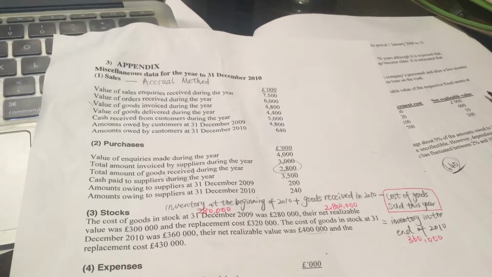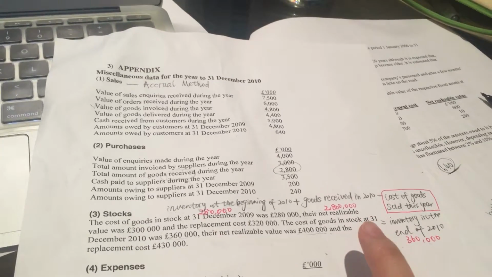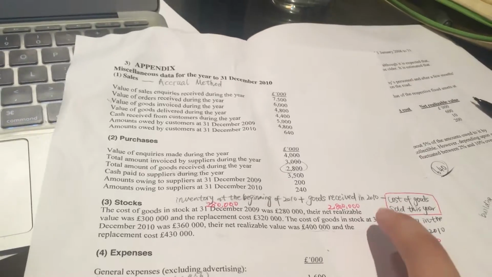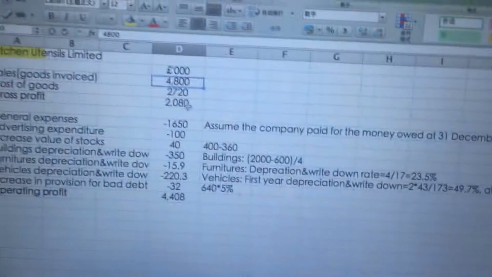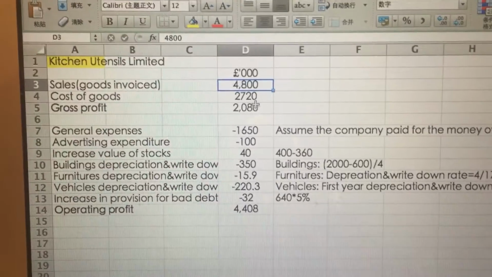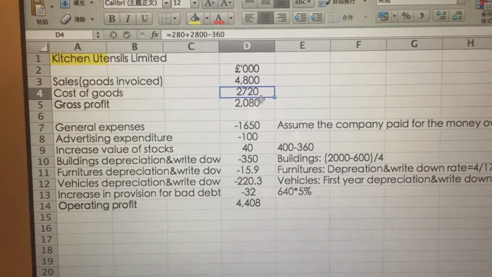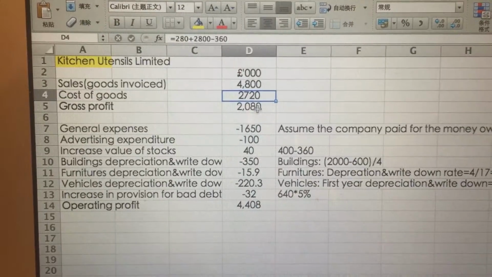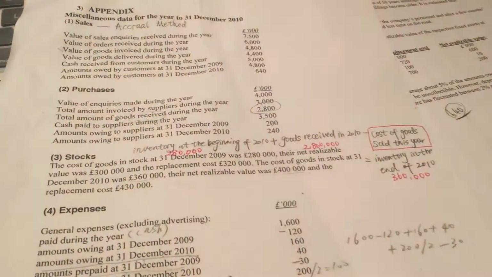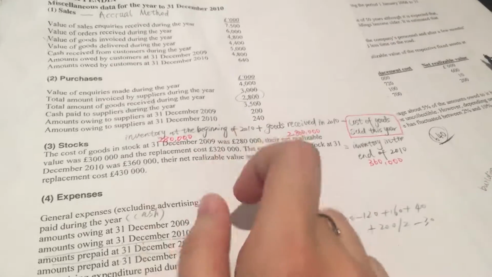So after calculation, we can get the cost of goods sold this year, which is 2,720. So then we can get the gross profit here. And here we have another thing.